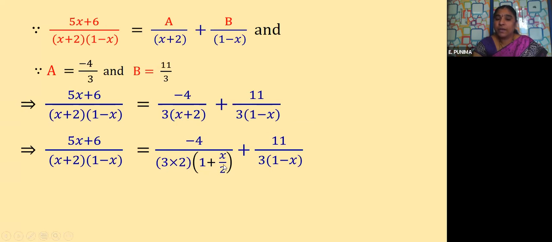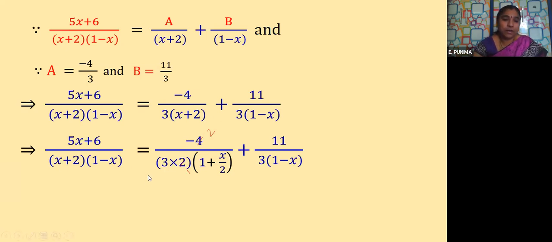x by 2, where x is there. Okay. Plus here already it is in our form only. No need to change anything here. 11 by 3 into 1 minus x. Here it is in the form which is required. So now here 2 ones are 2 twos are cancelled now. Yes. So what is the division here we get? 2 ones are, here it is 2 twos are.